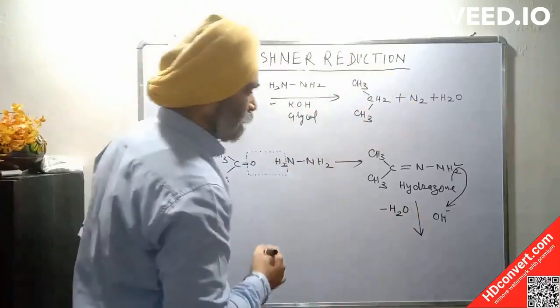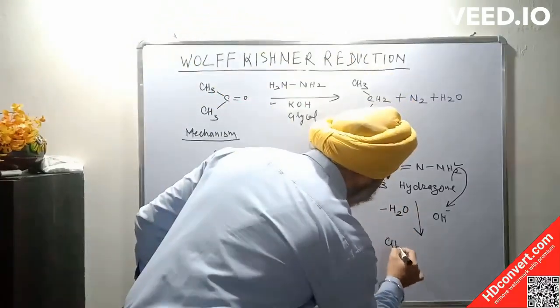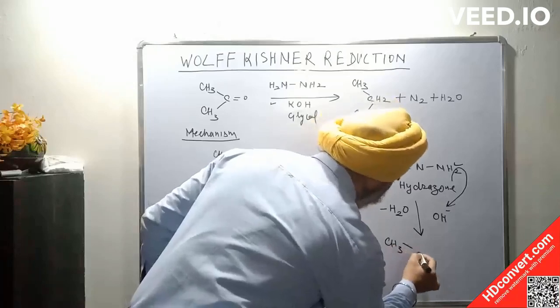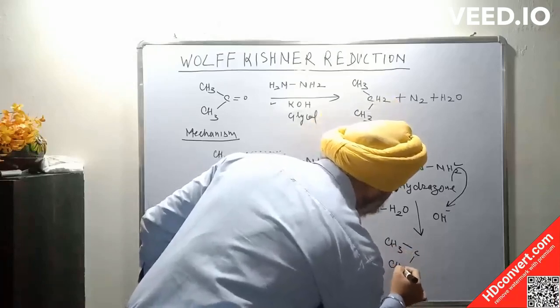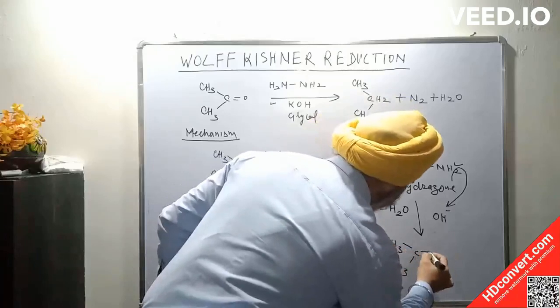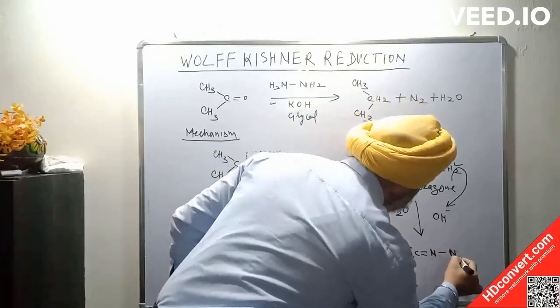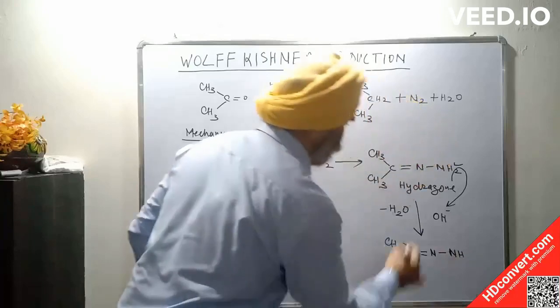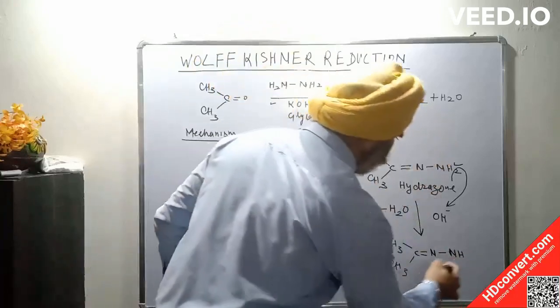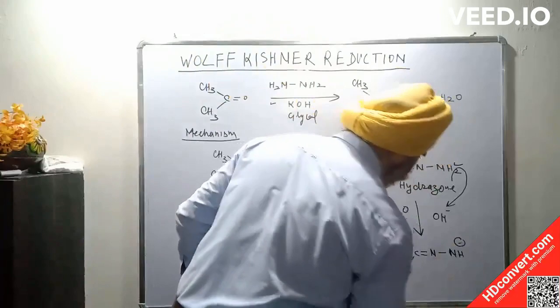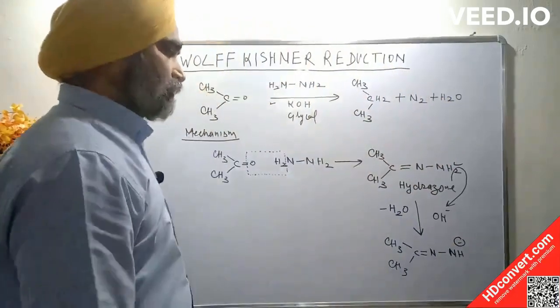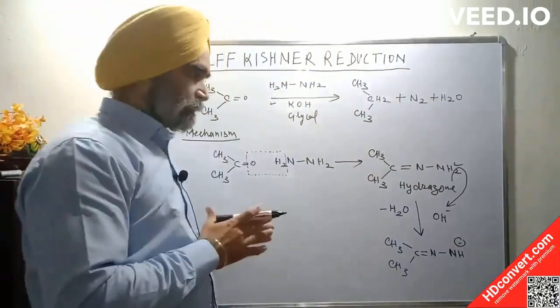And what we will get? We will get CH3, C, CH3, double bond N, and NH. Since H positive has been released, there will be negative charge on NH. So this is the substance we will get.